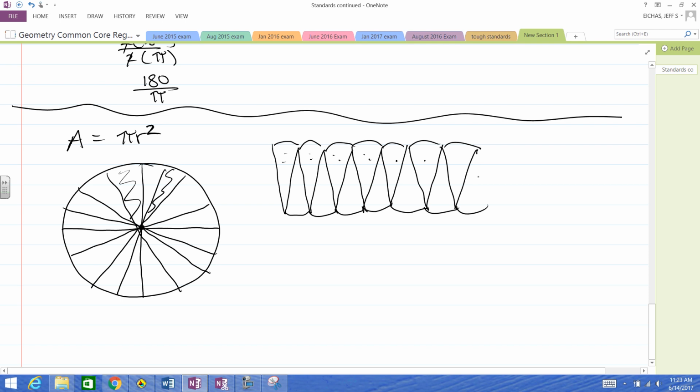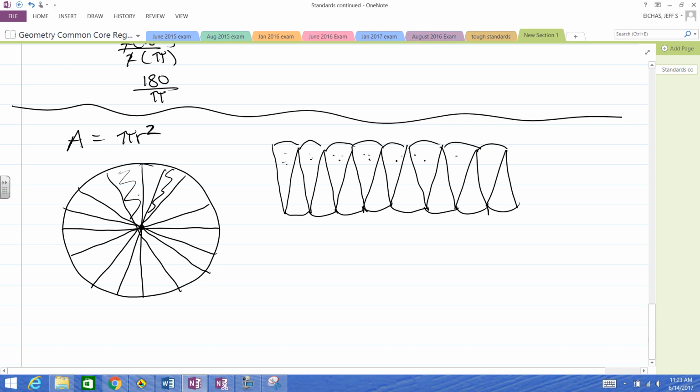I think I need one more. Is that it? 1, 2, 3, 4. One more. Okay, there's 16 slices. All right, what I did was I took these, sliced it up equally into 16 slices, and we rearranged them this way so that it looks like that. Now, here's the limits.